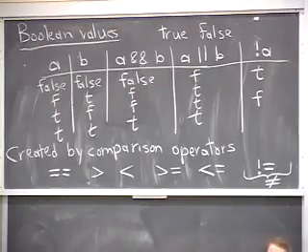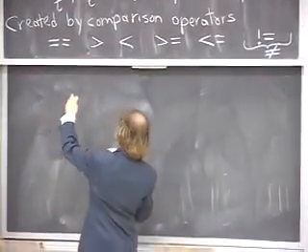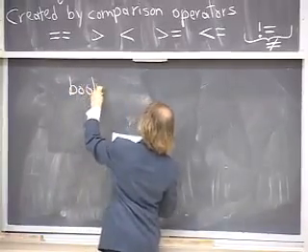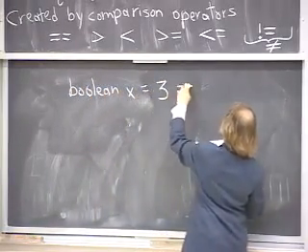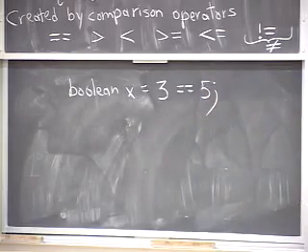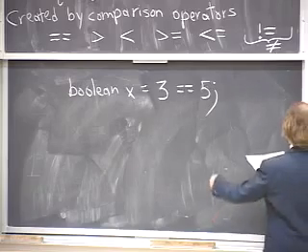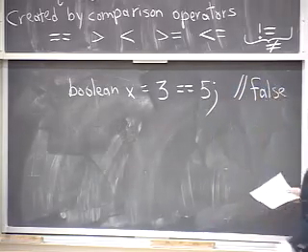And of course, to understand these, it's best to see some examples. So suppose I test whether 3 is equal to 5 and assign the result to x, then x now has a value of false.